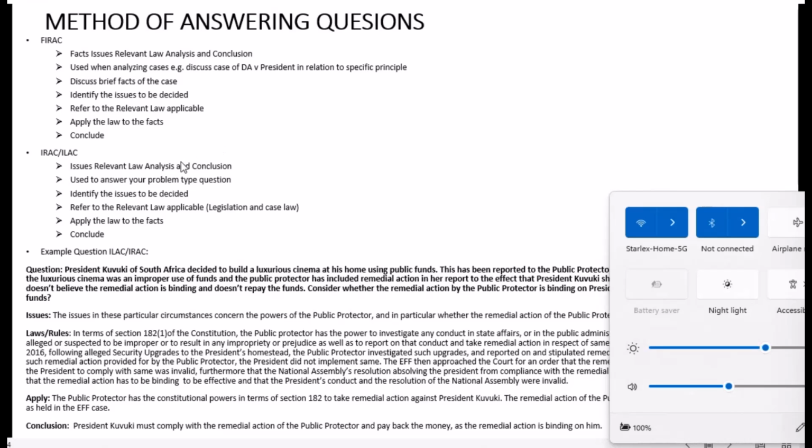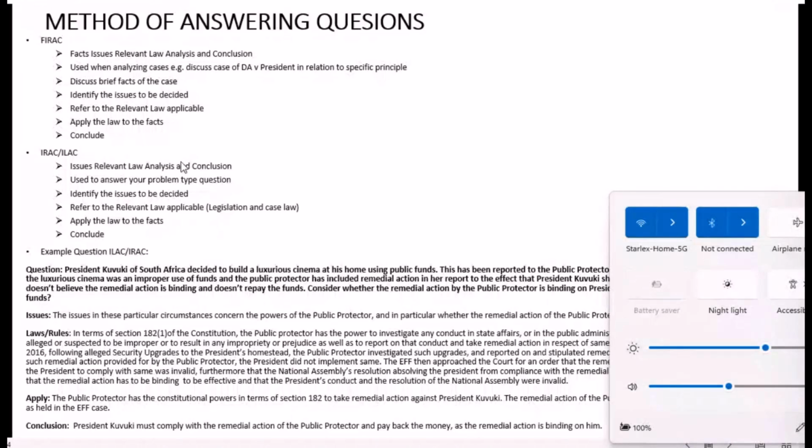Thanks, Andrea. Thanks for asking those questions as well, because it does get confusing sometimes, especially when you're discussing cases. So it's good to just have insight. But it's not like the lecturers will strictly mark you on FIRAC. It's just basically to assist you in formulating your answer. So even if you don't follow this exact formula, as long as you can follow a coherent or logical way of explaining your case or your analysis, that would still suffice.